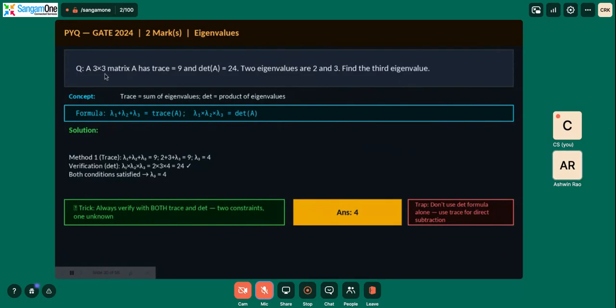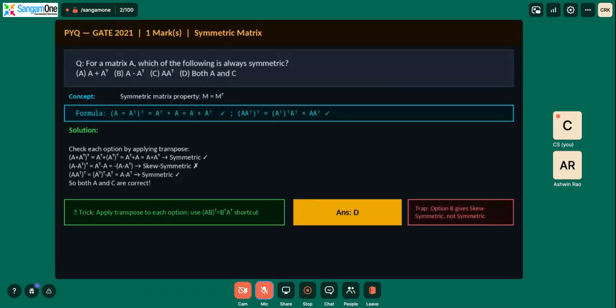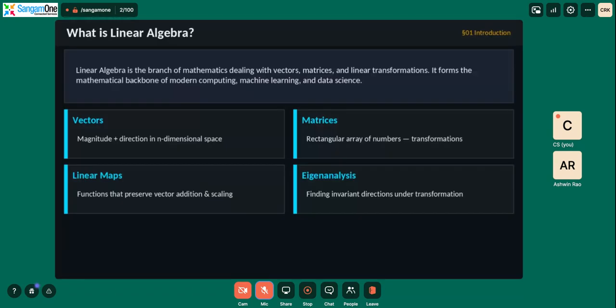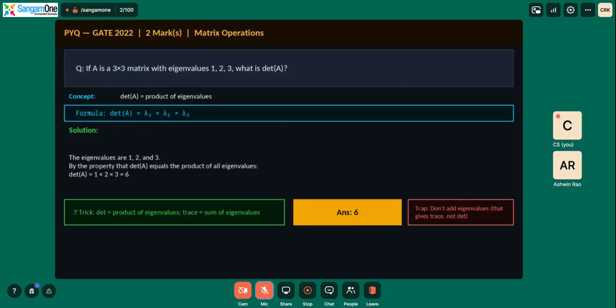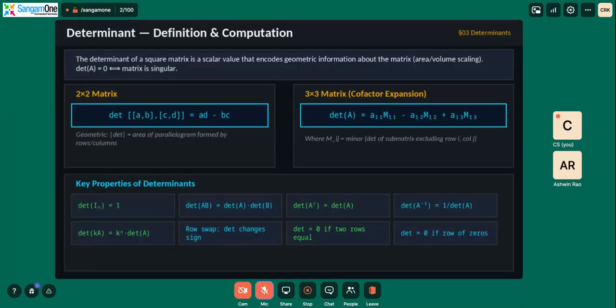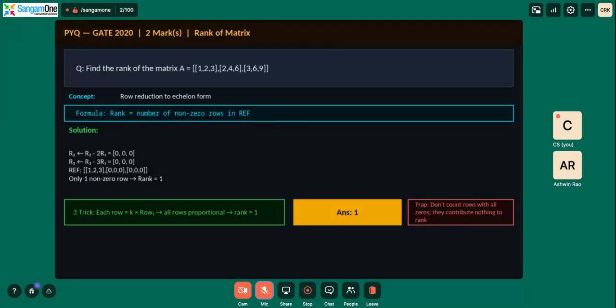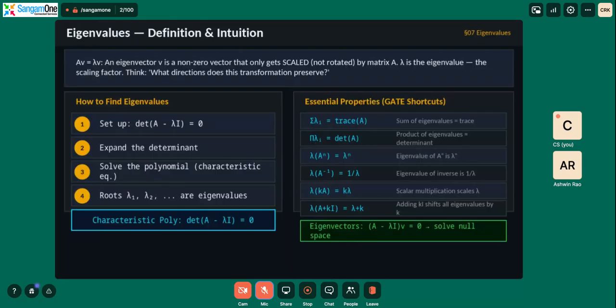Question: a 3 cross 3 matrix A has trace 9 and determinant of A is 24.